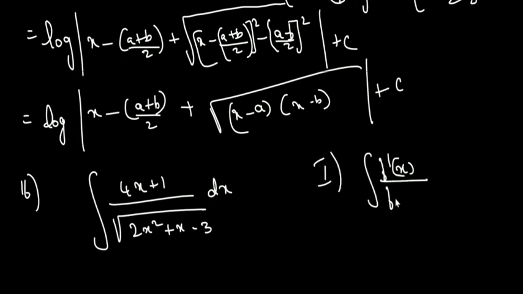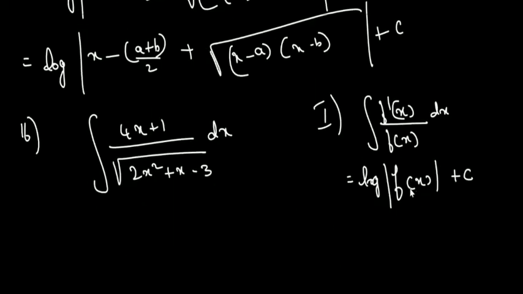Suppose you have a function f of x in the denominator and its derivative is in the numerator, then the answer will be log of the denominator. These sums we have done using the substitution method.